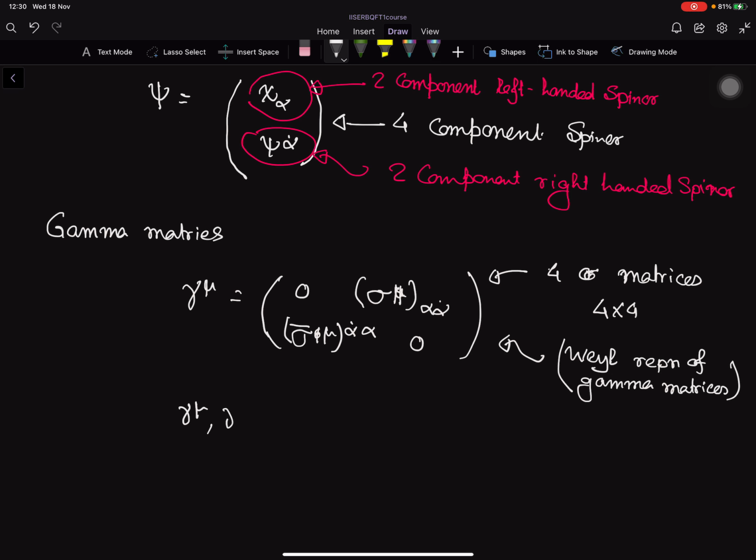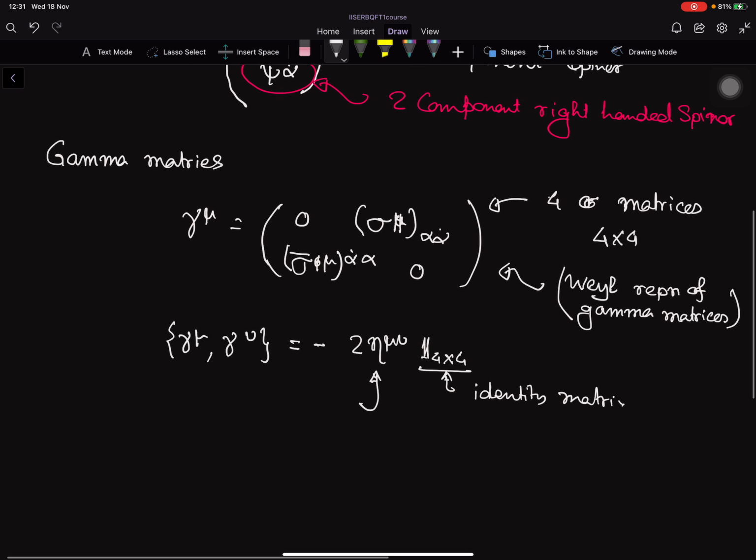Okay, so more generally, you can check for this particular representation, but the more abstract definition of gamma matrices is that the anti-commutation of two gamma matrices follows this relation. This is the identity matrix, and this is the metric tensor, eta mu nu, which is diagonal minus 1, 1, 1, 1.